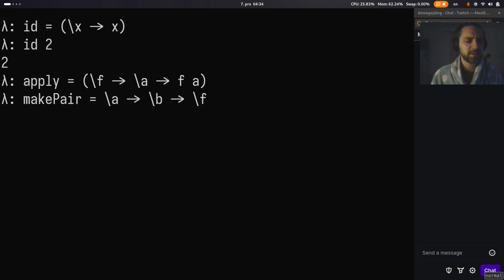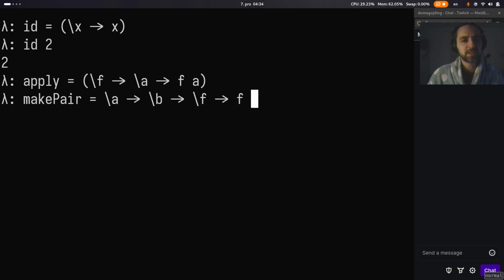And then a function. And then that does what? What does it return? It returns a function. So we just have this thing calling a function and returning a function, which makes make pair a higher order function.